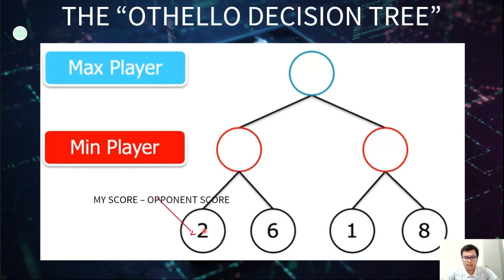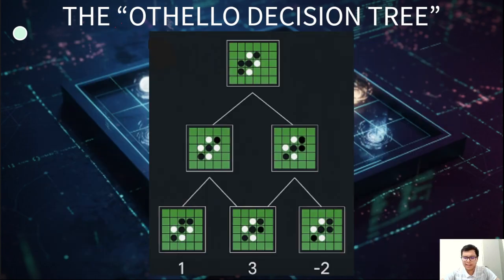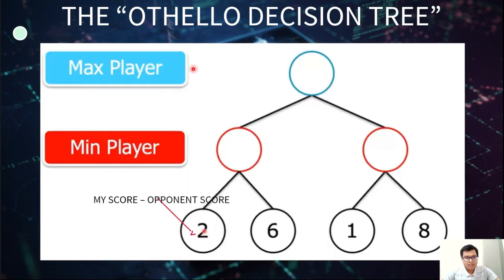Now we come to the Othello decision tree. I explained this already through the previous slide, and we come to this again because now we will be starting our algorithm part, and you should gear up to see some code and the pseudocode logic. So let's briefly check this out also. What we have is a max player and min player. This might be something new to you.